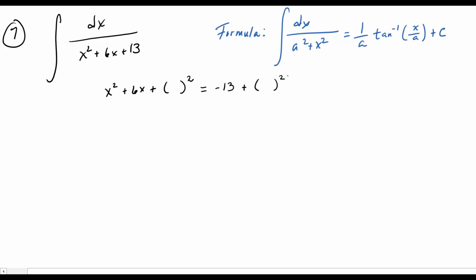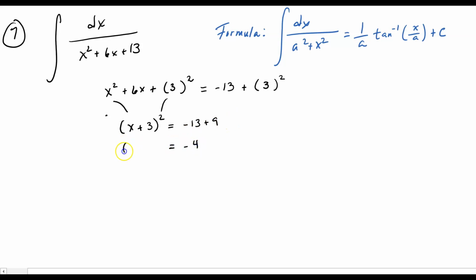Okay, and so what I fill in here is half of my b term, in this case half of 6, which is a positive 3, and what I do to one side I must do to the other. So if I pull all of this together, x plus 3 quantity squared equals negative 13 plus 9, which is what?